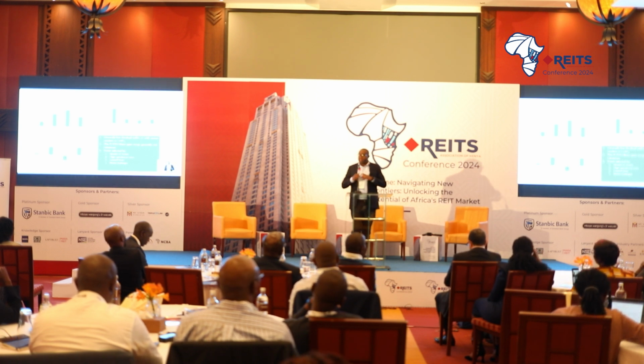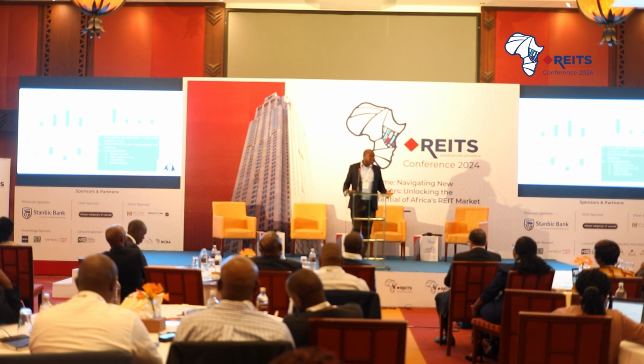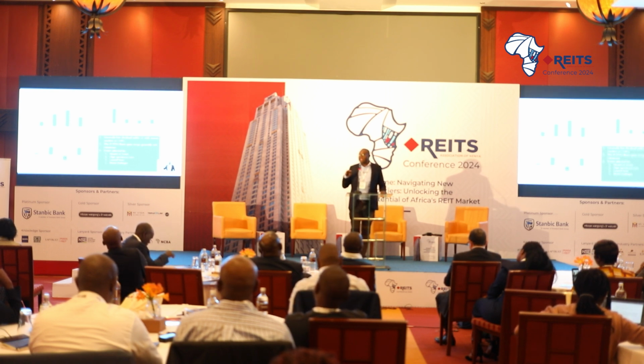That's a metric used to do evaluation for REITs globally. Funds from operations is really your net income adjusted for interest income, as well as for any gains or losses from asset sales. Globally, it's like the PE ratio for stocks.